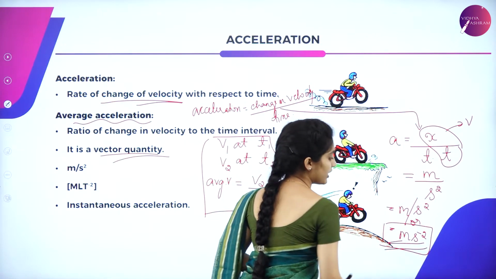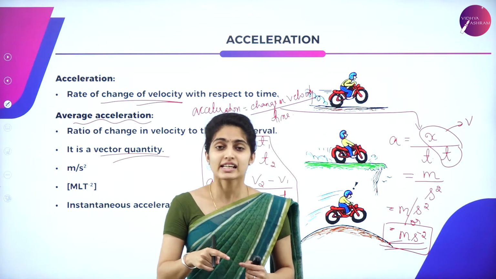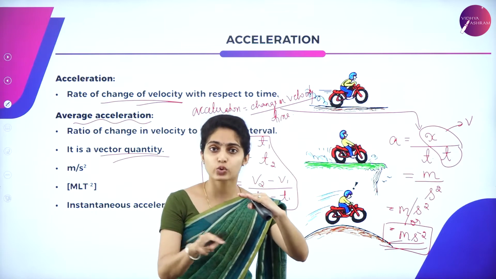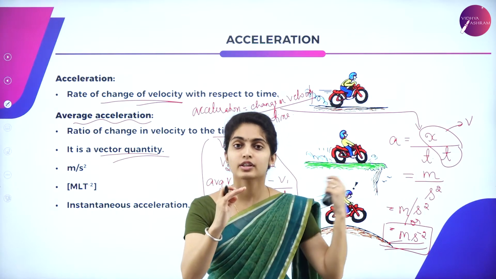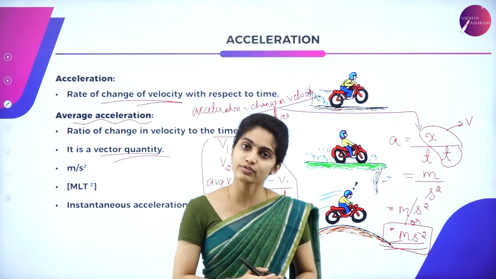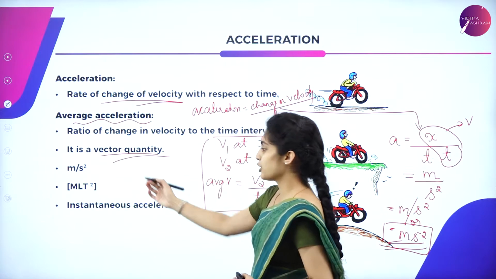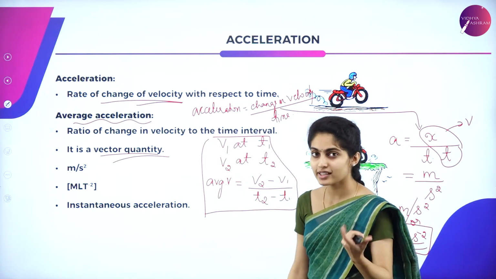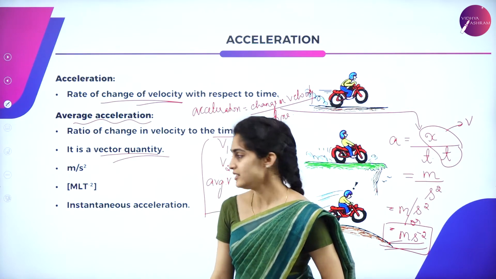Why minus 2? Because it is divided by s square. When the denominator term comes to the numerator, the power becomes negative 2. So it is meter per second square. So what is the SI unit of acceleration? It is meter per second square.